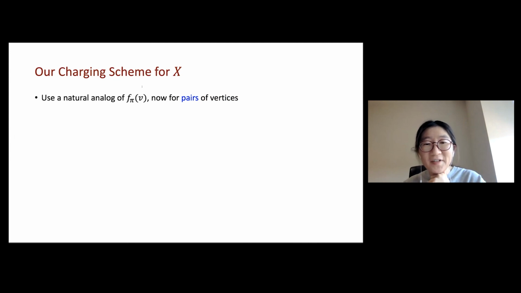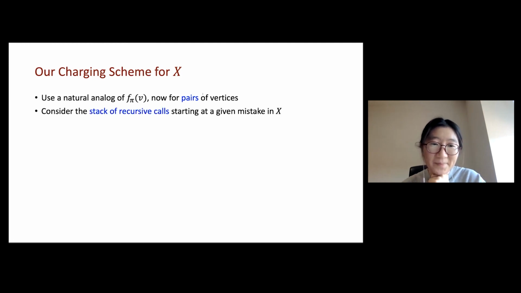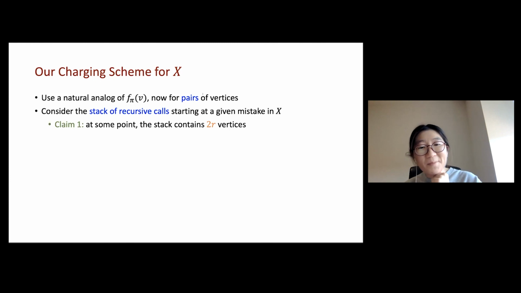So instead of starting from a single vertex, we now want to start from a pair of vertices, namely a pair that's a mistake in X. In particular, we consider the stack of recursive calls that start at a given mistake in X. And we show that at some point, this stack will contain 2R vertices.